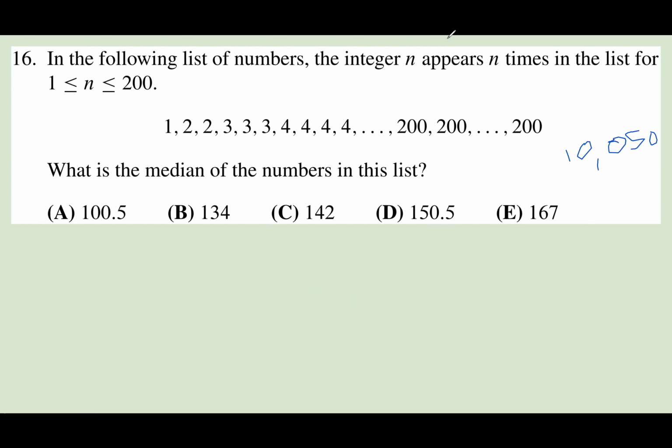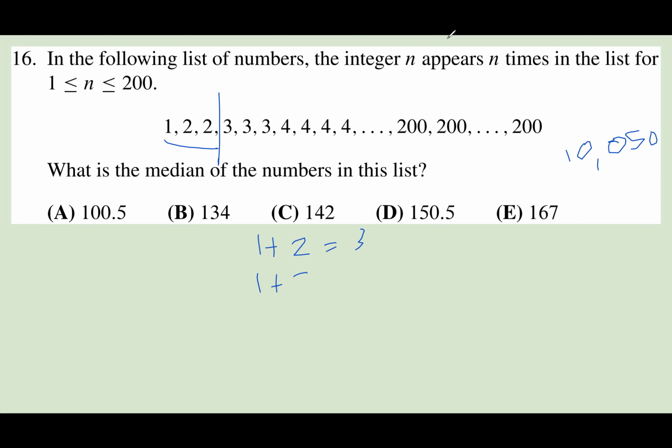But notice, for example, if we sum up 1 plus 2, that gives us 3, which would tell us that the third number would be a 2, right?